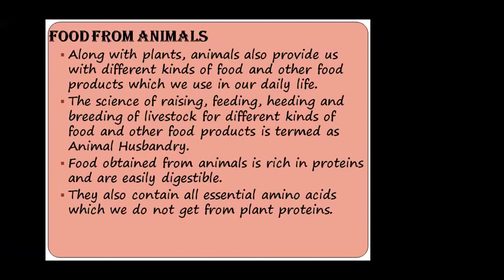The science of raising, feeding, housing, and breeding of livestock for different kinds of food and other food products is termed as animal husbandry. Food obtained from animals is rich in proteins and easily digestible. They also contain essential amino acids which we do not get from plant proteins.